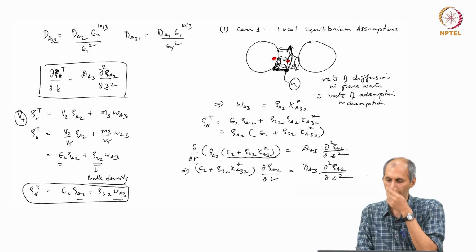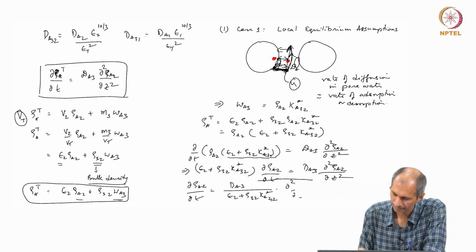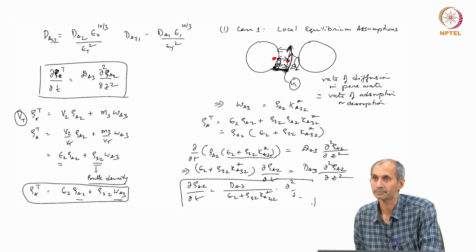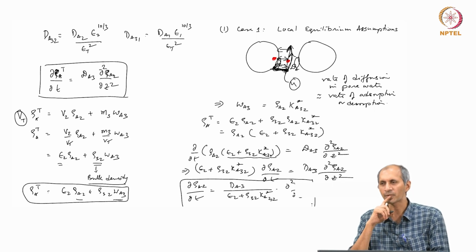Now this term becomes, you can write it as dou rho A2 by dou T equals dA3 divided by epsilon 2 plus rho 32 Ka2 32 into dou square by dou z square. This is now the differential equation that we can solve.